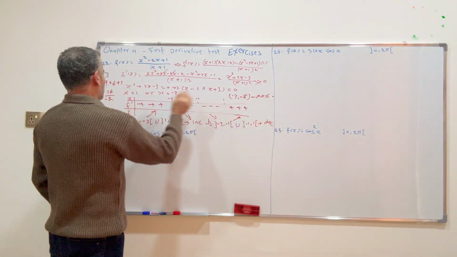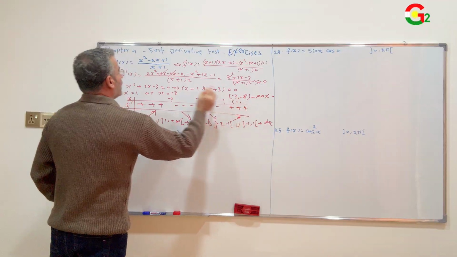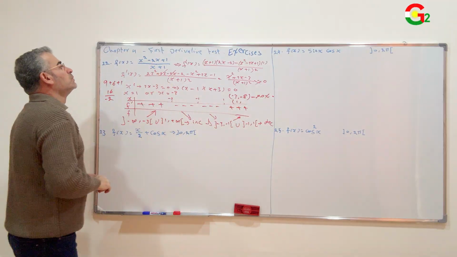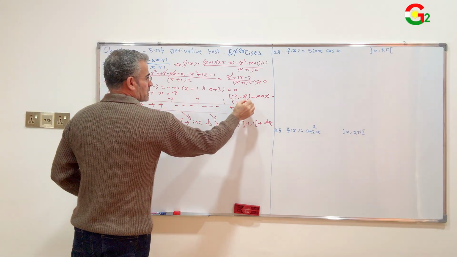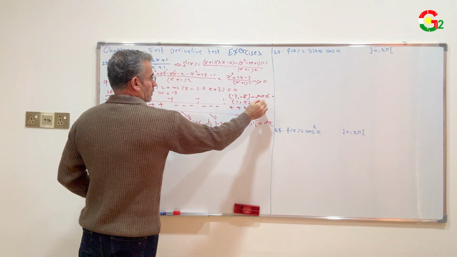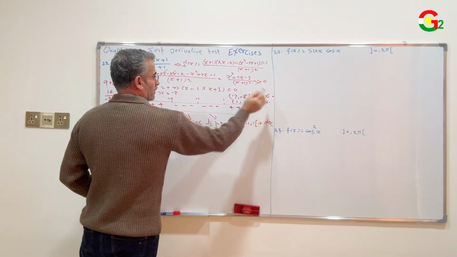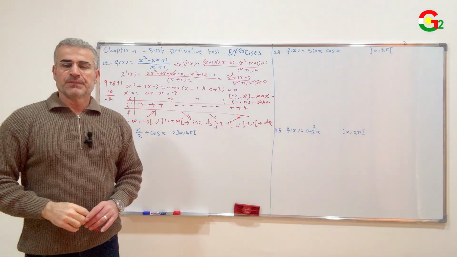For the point 1, 1 minus 2 plus 1 is 0, so (1, 0) is a local minimum point for this function.